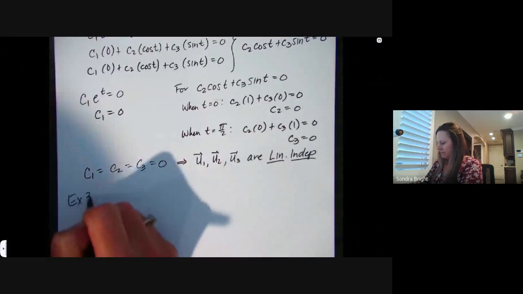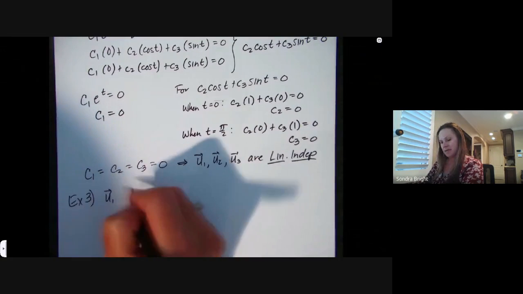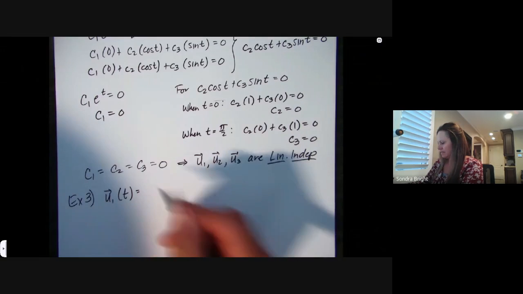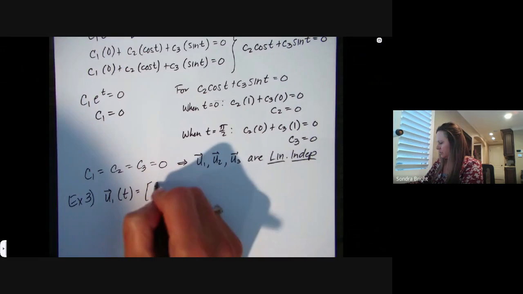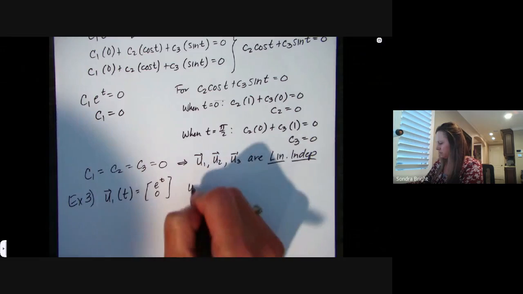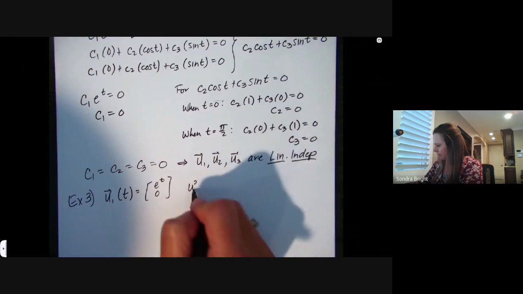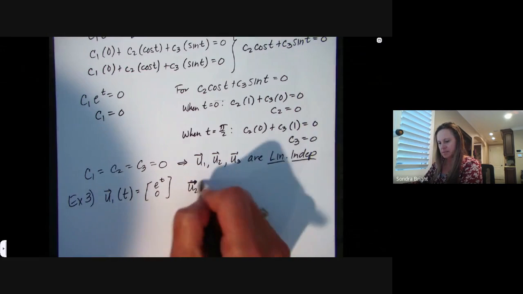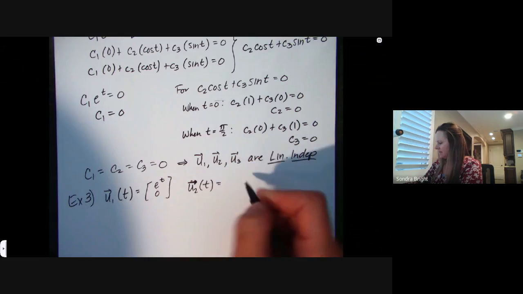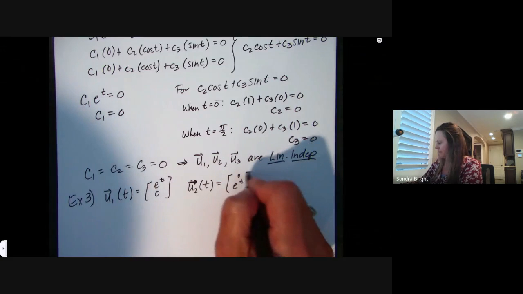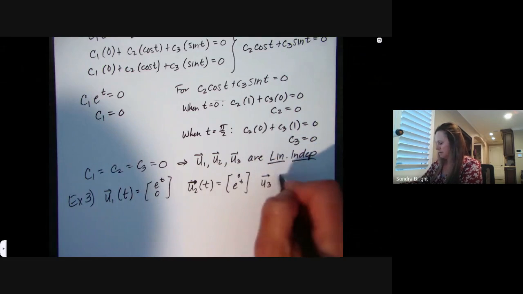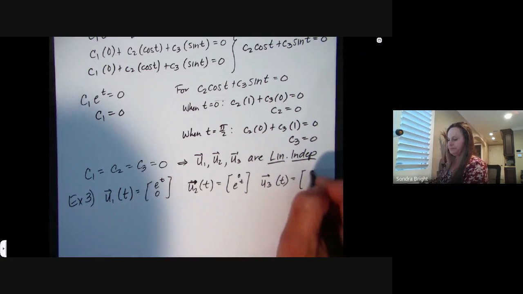How about if u1 is e to the t and then 0, u2 is 0 and then e to the t, and u3 is 0, 0.